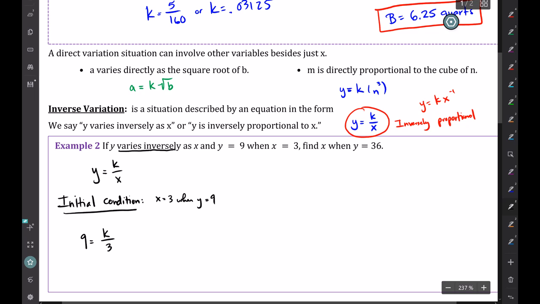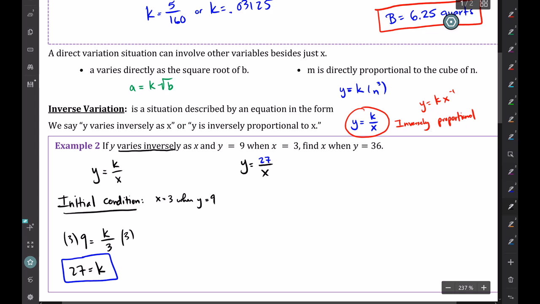So k must be 27. If we multiply both sides by 3, we get 27 equals k. So now we found our constant of variation. So we must have y equals 27 over x.